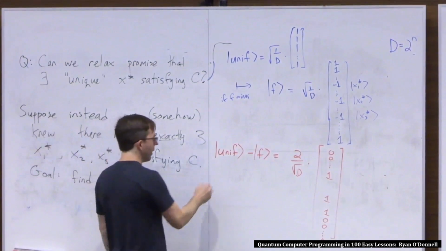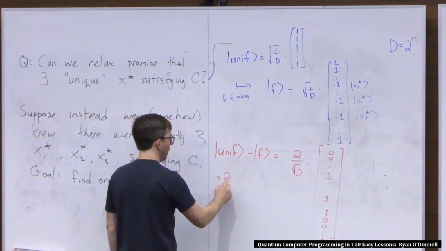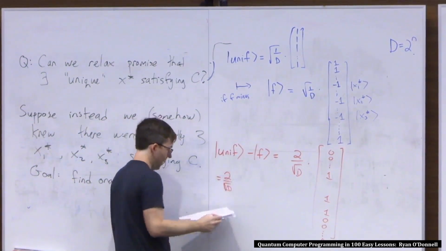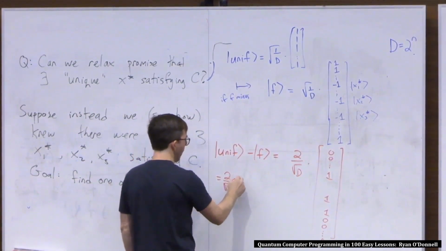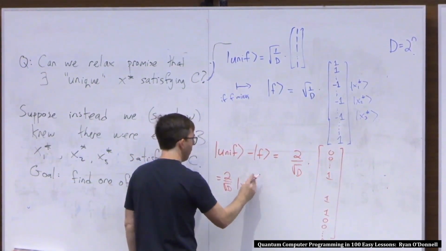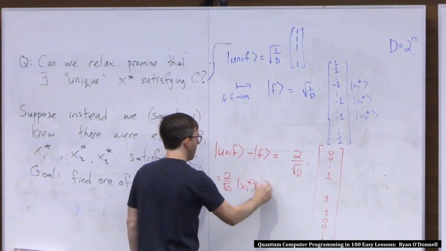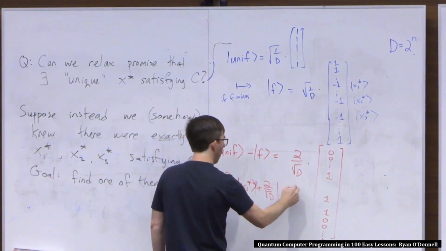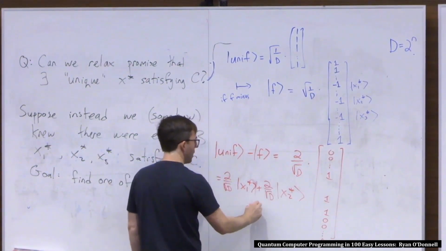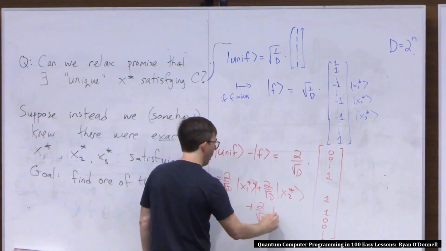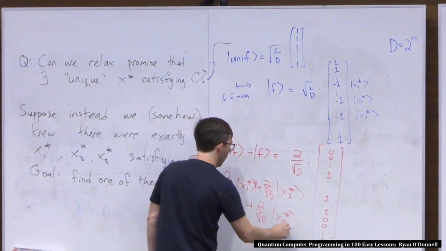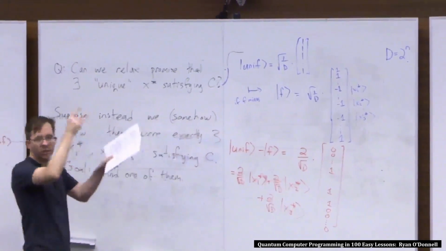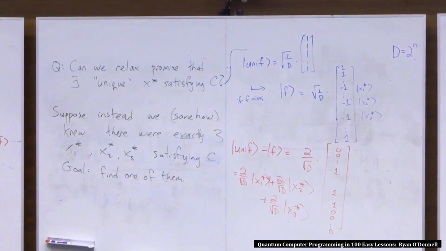And so we can write this as 2 over root d ket x1 star, oops, plus 2 over root d ket x2 star, I'm running out of room here, plus 2 over root d ket x3 star. Right, because ket x2 star stands for the vector that's all 0s except it has a 1 in the x2 star position.